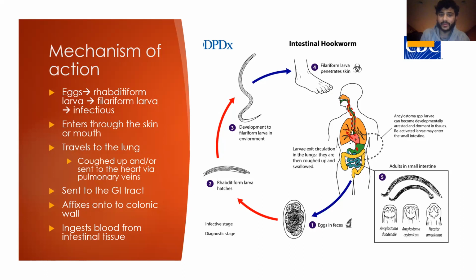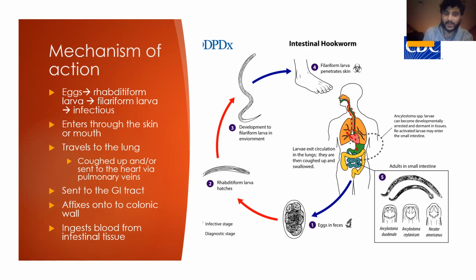Another thing that can happen is when it's in the lungs, the pulmonary veins can take it back to the heart, and then the heart pumps it out through systemic circulation. The end goal is for it to end up in your gut, in your intestines, okay? Now, it can also travel through your mouth, but when you swallow it, it's already going to end up in your gut.